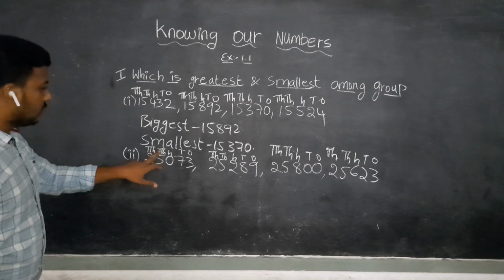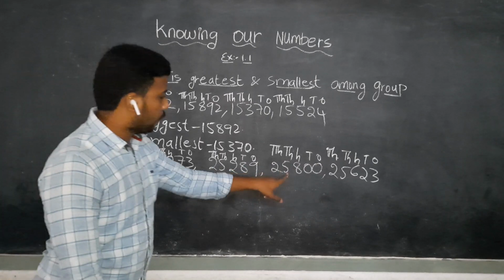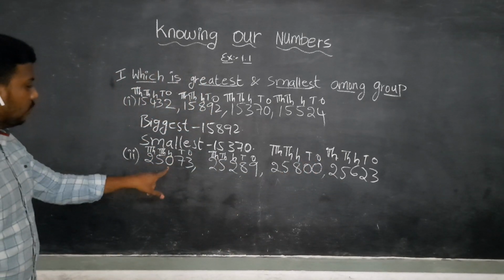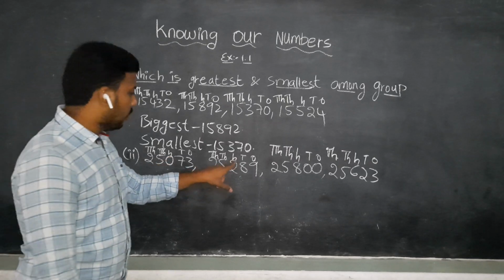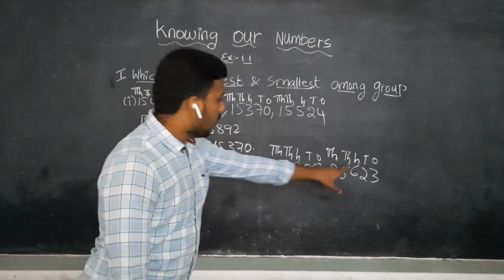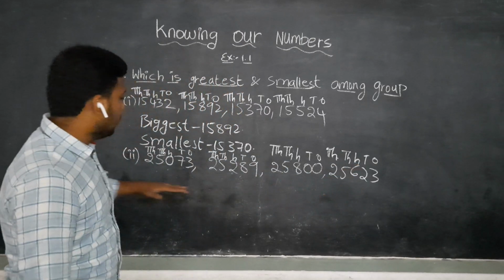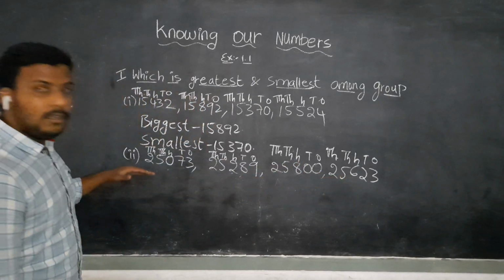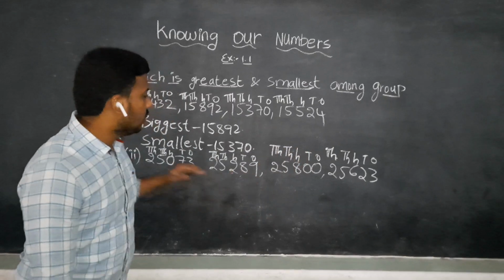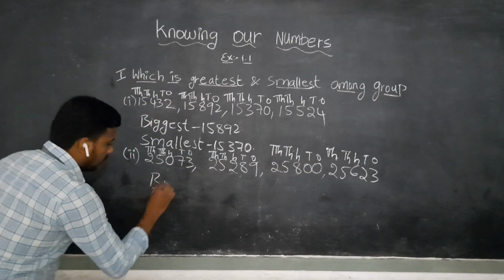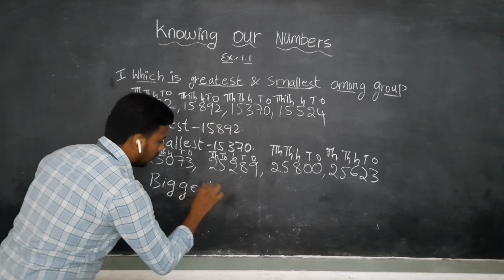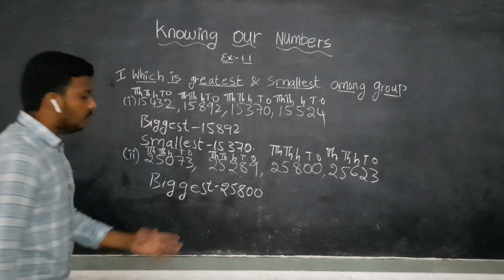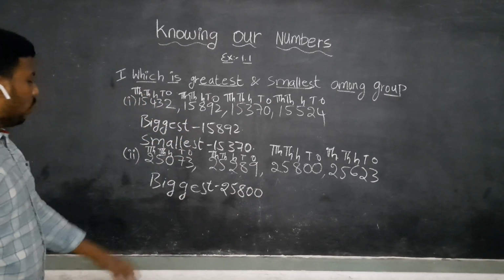In the place of thousands we have 5 and 5. Next we move to the hundreds place, where we have 0, 2, 8 and 6. By looking at these, we can clearly say that 8 in the hundreds place is bigger than the remaining numbers. Understand? Then this is the biggest number in the group, 25,800.